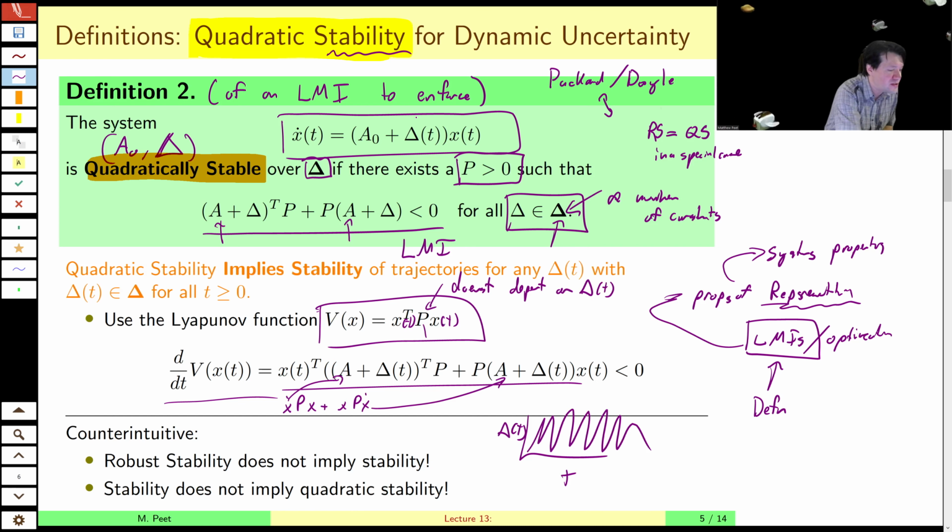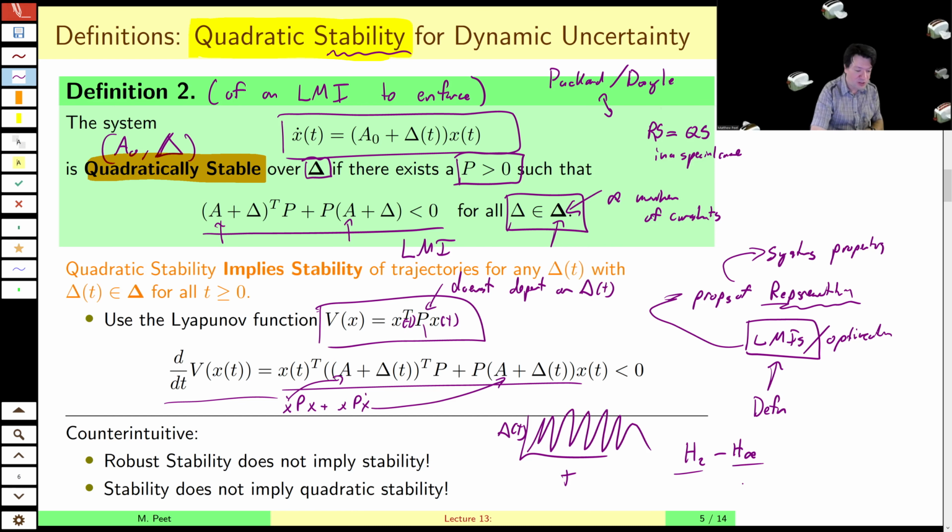Well, if delta is varying very fast, it could be any parameter at any time. But still, it's worth noting and comparing to, say, the case of mixed H2 H infinity control, where we were also using a single Lyapunov function to optimize over the H2 and the H infinity norms.